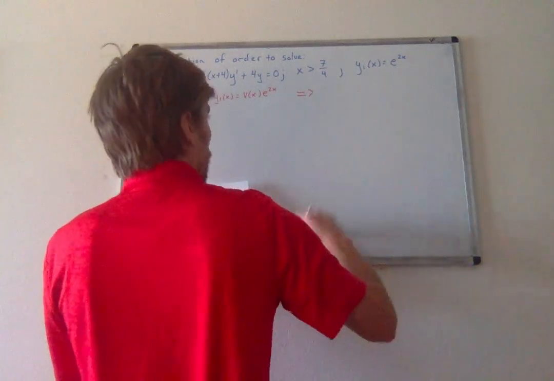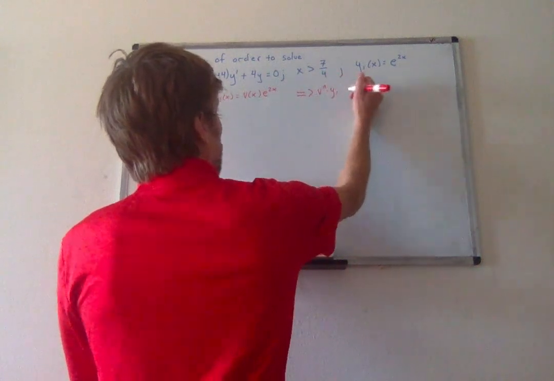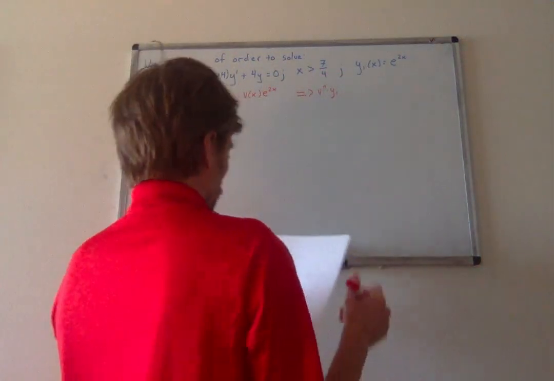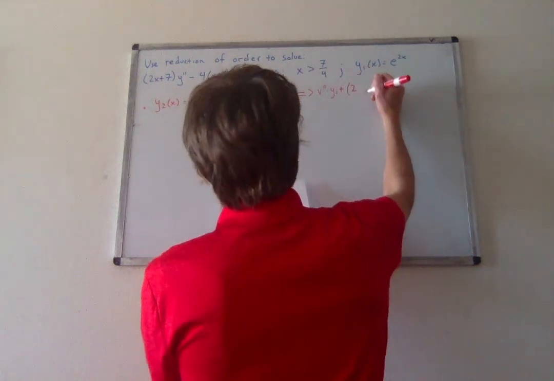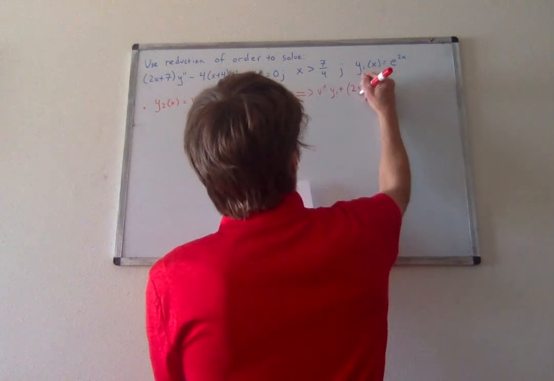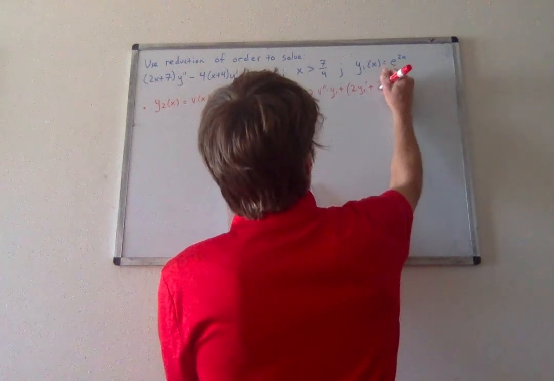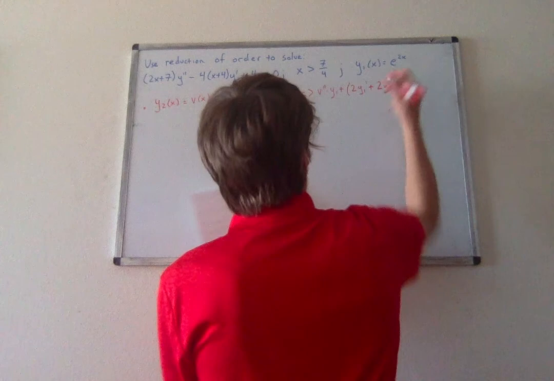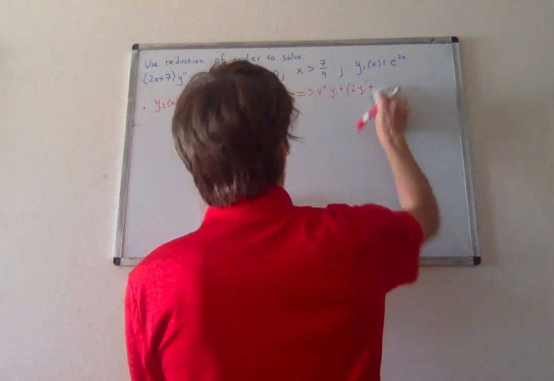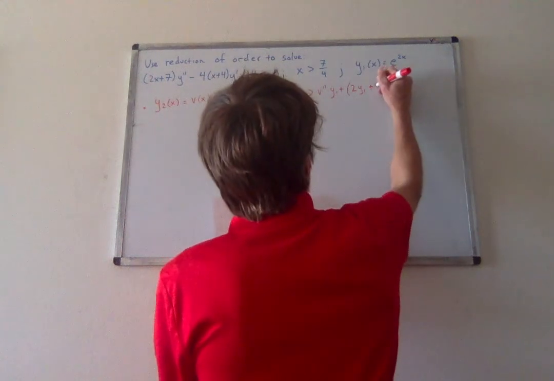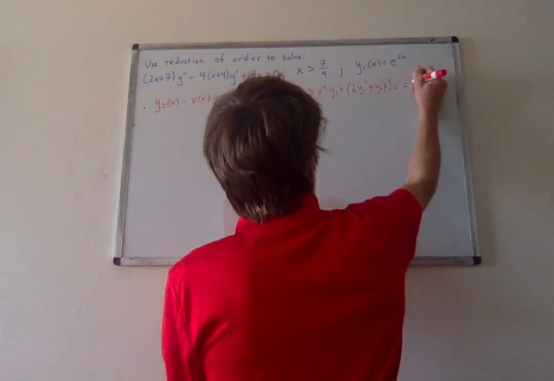Sorry. v double prime times y1 plus 2 y1 prime plus 2 y1, or plus y1 times p, times v prime is equal to 0.